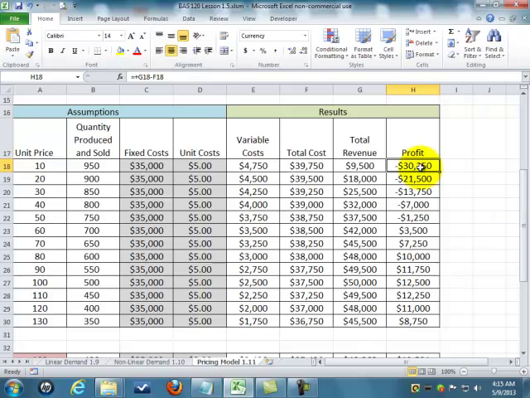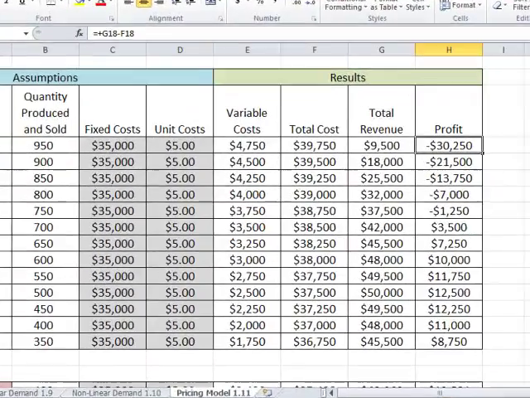At the early stages, we're losing money, and then we begin to make money, and then this seems to peak somewhere between a price of 100 and 110 dollars, and then our profits actually start to decline as we raise the price even higher. So if we wanted to ask what price level maximizes our earnings, it looks like it's somewhere around 100 to 105.